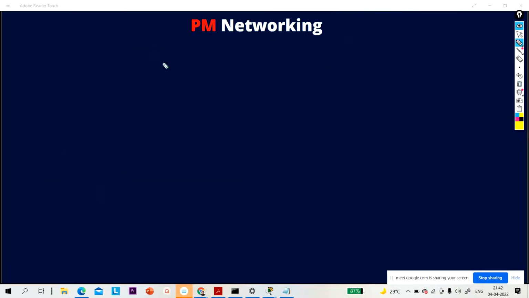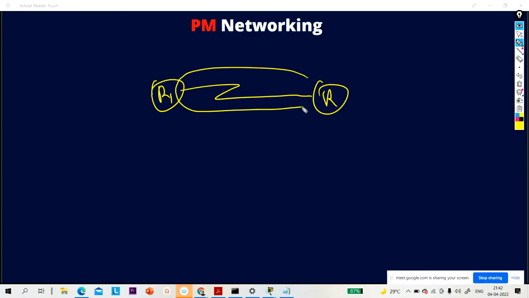Suppose I am connecting two routers together. How many IP addresses are required between R1 and R2? Only two IP addresses. So if I use /24, then I will waste 252 IP addresses.